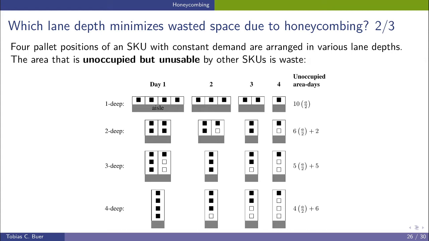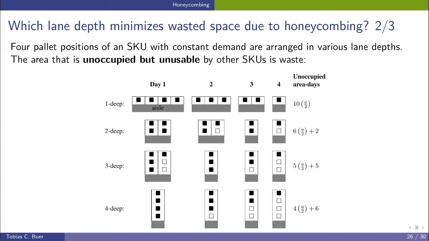And we also said because two lanes are opposite of each other, that we only count 50% of the aisle space for one lane. So if we use one lane, A over 2 is the wasted space for using the aisle. Now, how many aisles do we have in use in the one deep case?